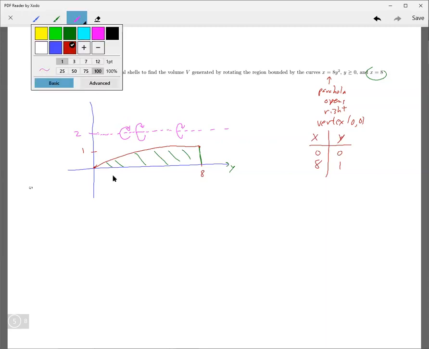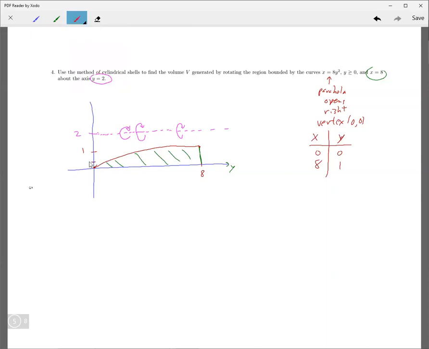Okay, so what we can do is we'll take a typical y value that's in the range of where we have the region. Here's the line segment that it gives you, and we'll rotate it about this axis. So that means that if this point here at 1 gets rotated around to 3 as far as height, that point alone just gives you a circle, right?